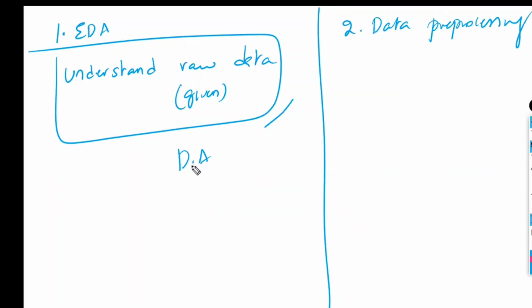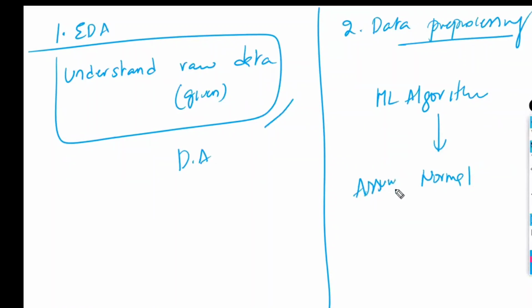For machine learning, we are doing the data pre-processing. Why we have to convert to normal? If you don't convert to normal, what happens? If you don't convert, what happens? Why we have to convert? Because all the machine learning algorithms are designed based on the assuming the data is normal. This is the assumption.